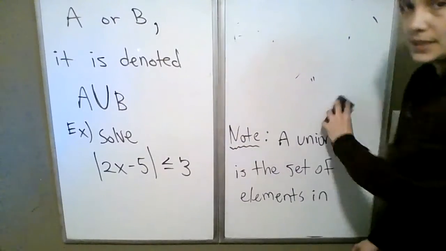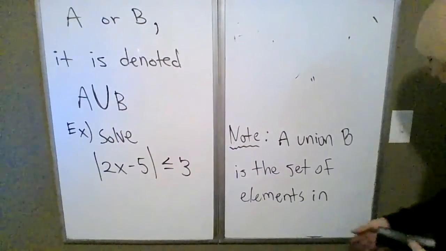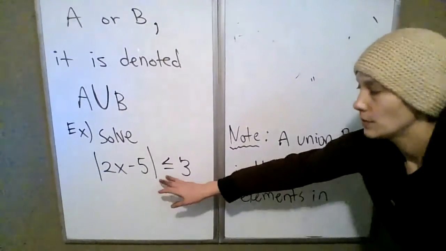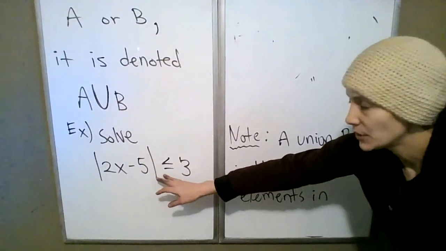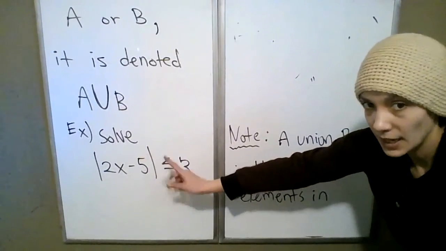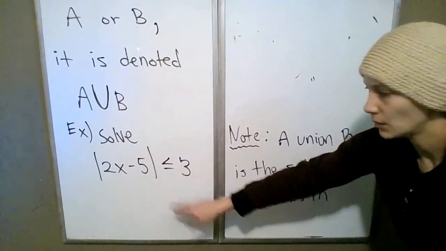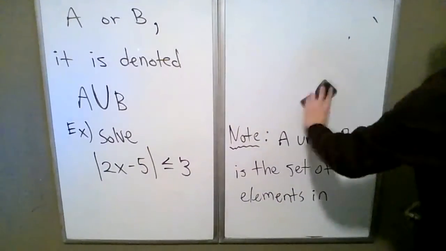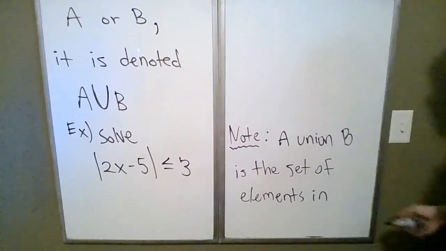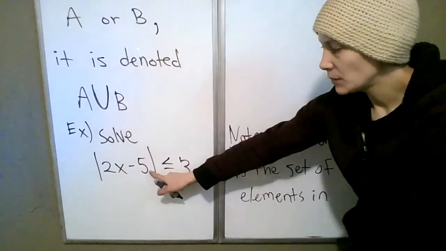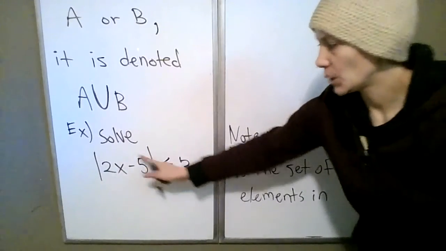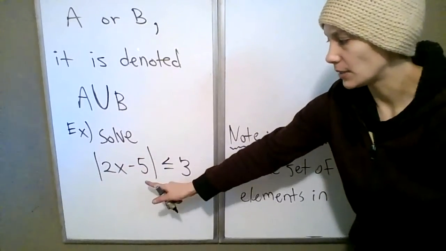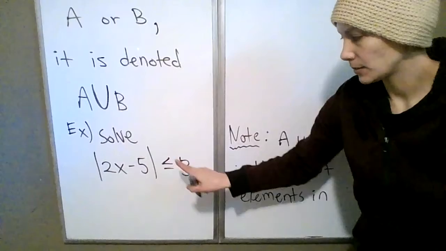Since the absolute value is isolated, I will go into translating what this says. So this says the distance between this value, 2x minus 5, and 0 is less than or equal to 3.